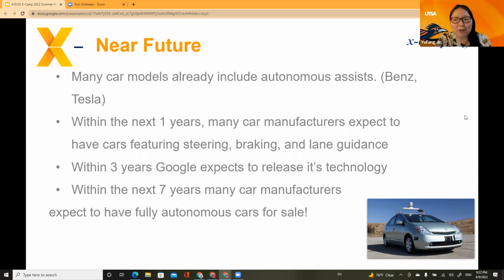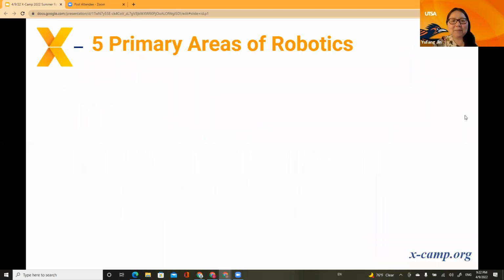Until the legal issue has been solved, I don't think we'll see real autonomous cars on the road. But because of these highly advanced technologies developed recently, all the high-tech companies are expecting to share a piece of the cake in this big market in the future. Next one, please.